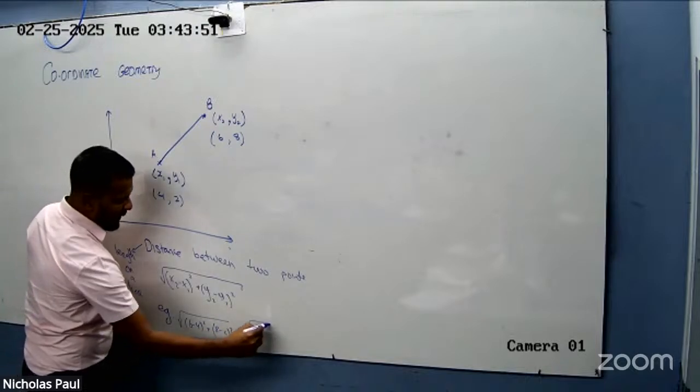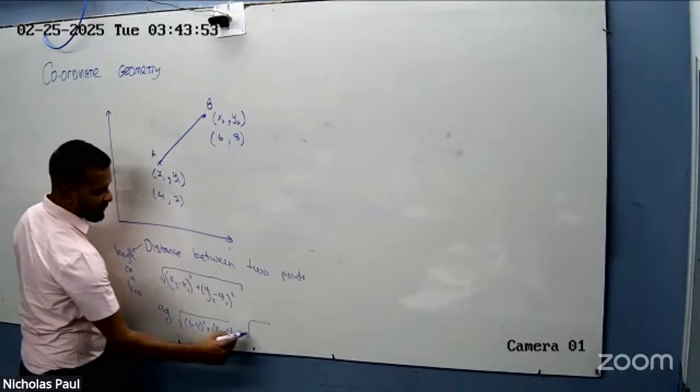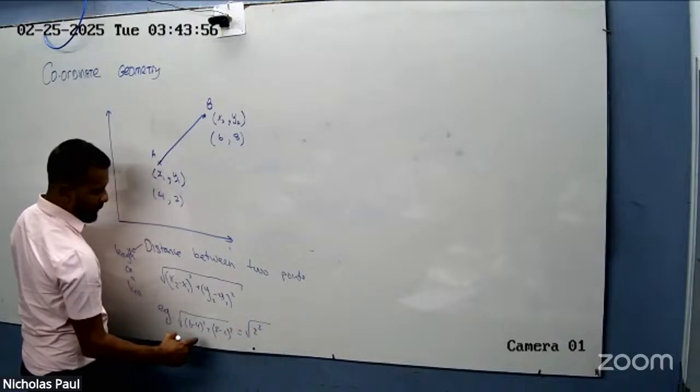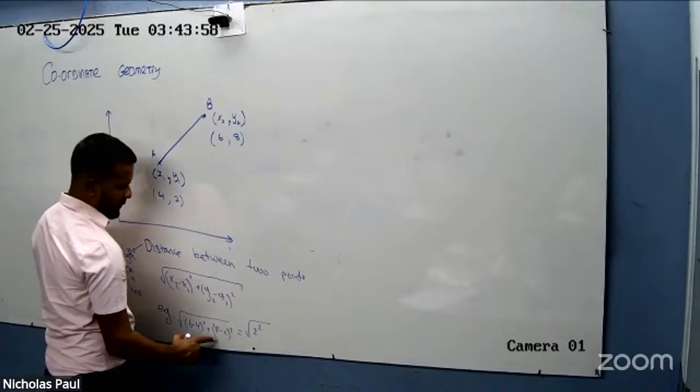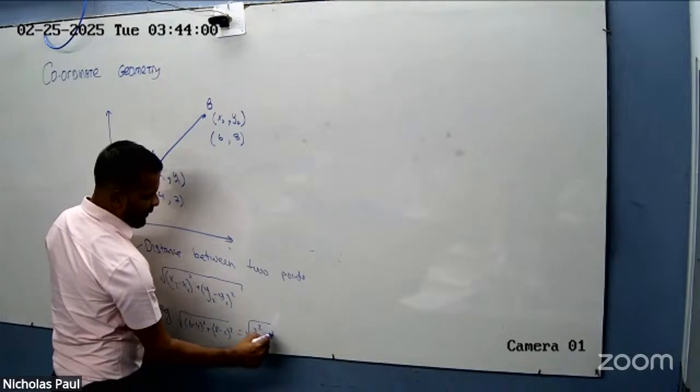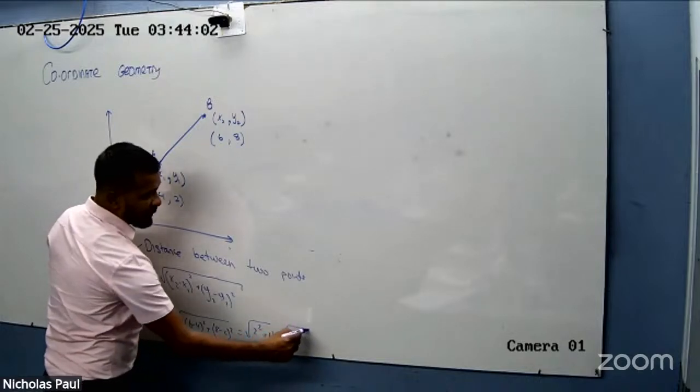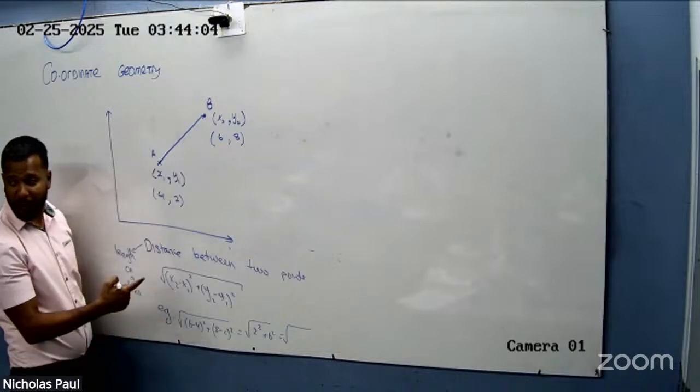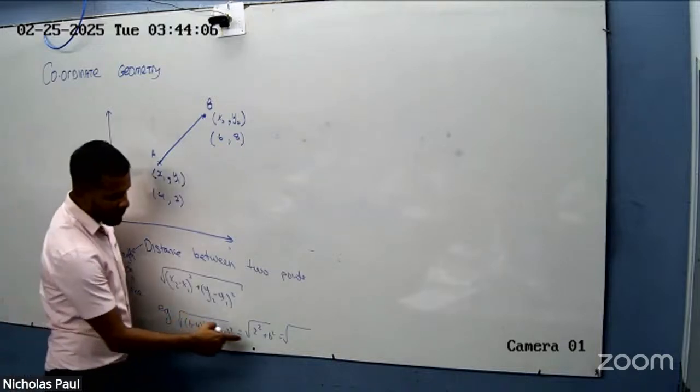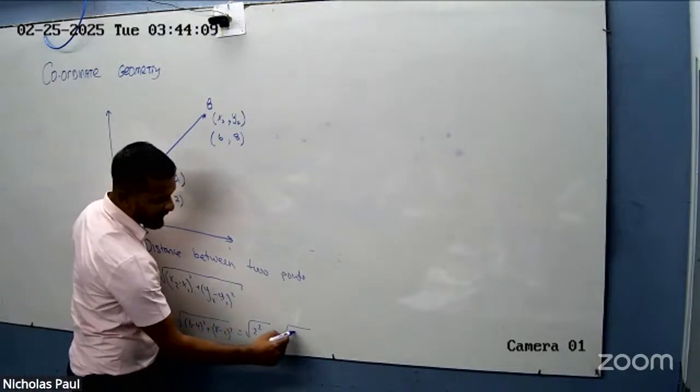So I am getting the square root of 6 minus 4, 2 squared, and 8 minus 2, 6 squared. Right, since we did the surds and everything, I want you all to practice simplifying these things, right? 2 squared is 4, 4 plus 36 is 40.